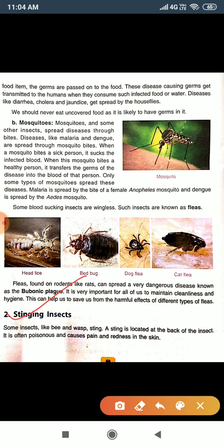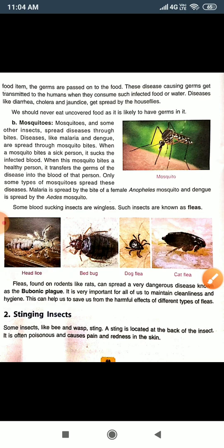When you get stung by the insect, that may cause pain and redness in the skin. So these are the stinging insects.